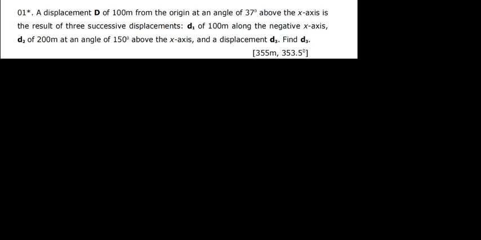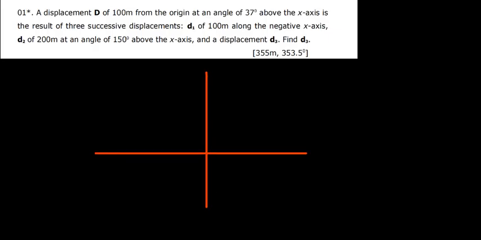The first thing you have to know under vectors is that when you've been given a question, you first have to resolve each vector into its components. So I've got what we call the x component and the y component. Also, it is very important to know that when we're talking about vectors, we measure the angles from the positive x-axis.